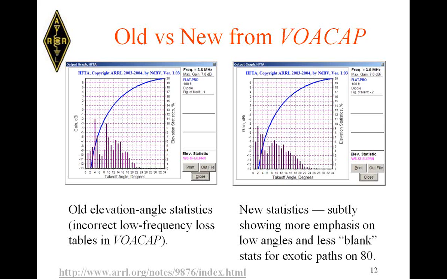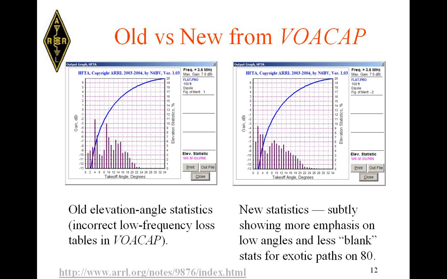Okay, so the new statistics show a subtle emphasis on lower angles, and also for certain paths, for example, from W3 to deep South Africa on 80 meters, the older statistics would show that there's no signals actually occurring.